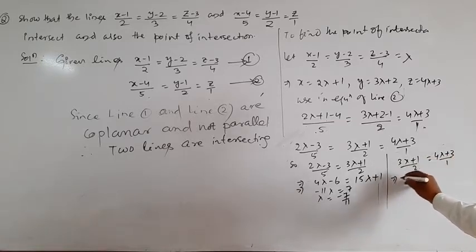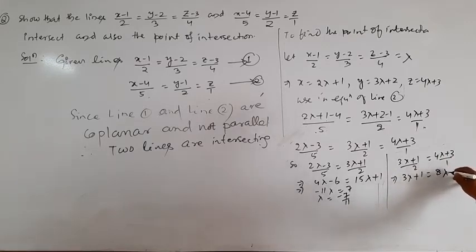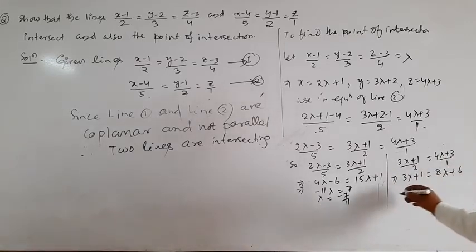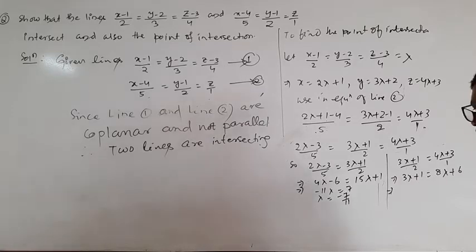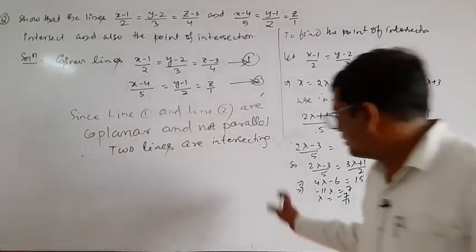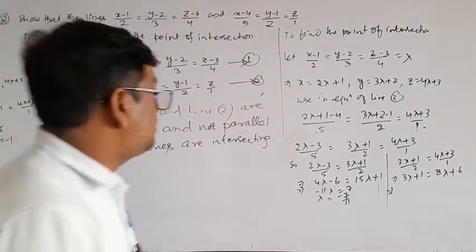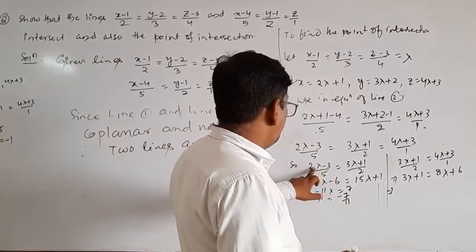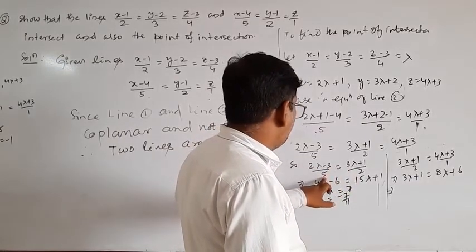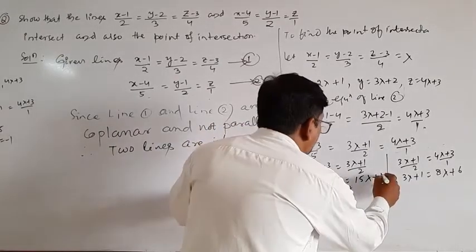So 3 lambda plus 1 is equal to 8 lambda plus 6. Now calculating this, we get 4 lambda minus 6 is equal to 15 lambda plus 5, plus 5.